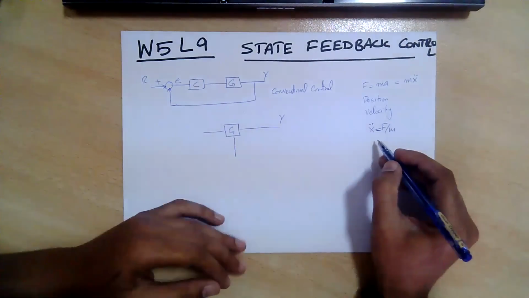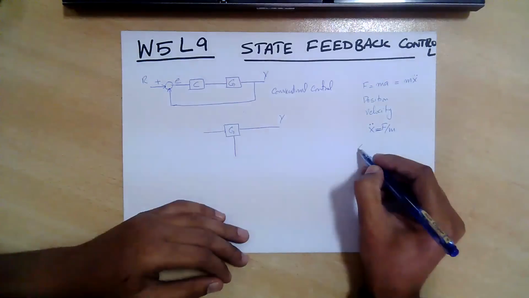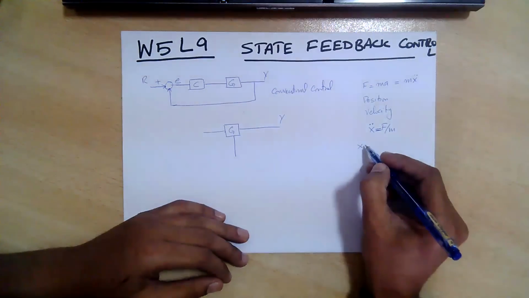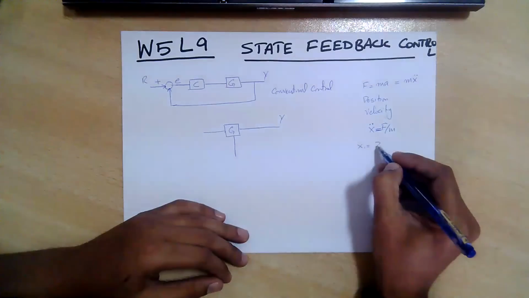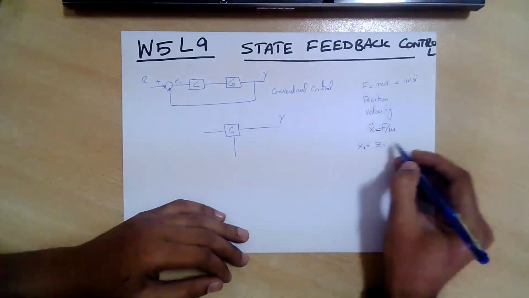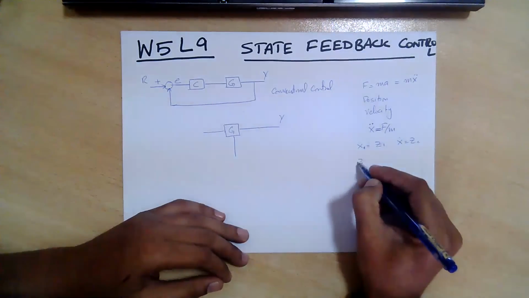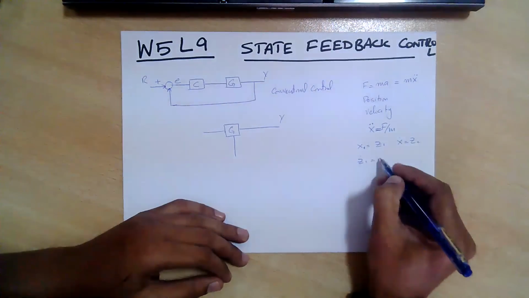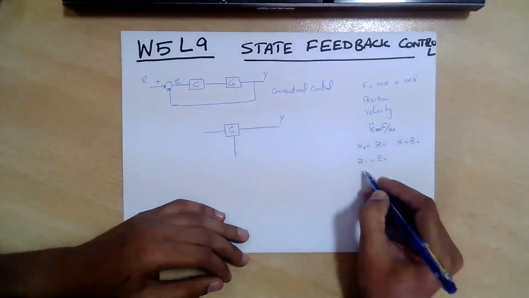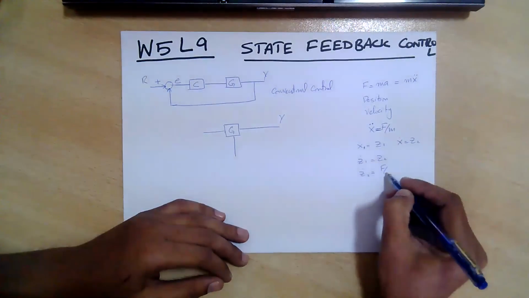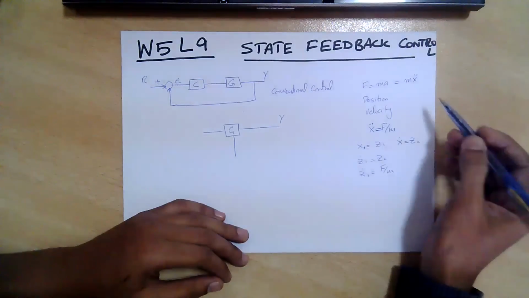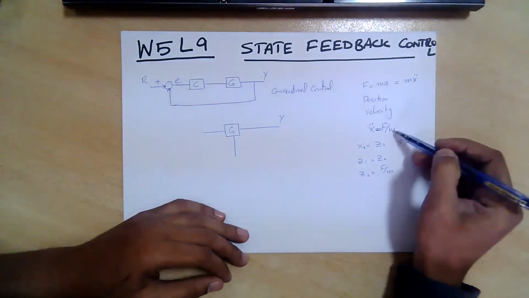So I can write x as z1 and x dot as z2, two states. z1 dot is equal to z2, z2 dot is equal to f over m. z2 dot is basically x double dot, which is f over m, force per unit mass.